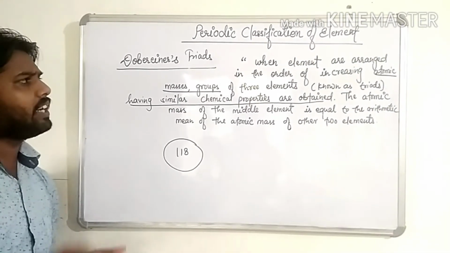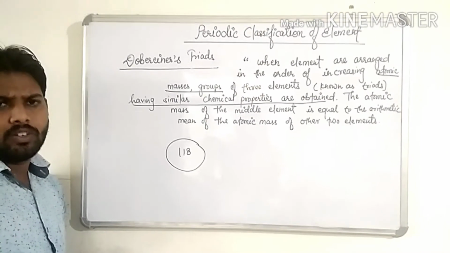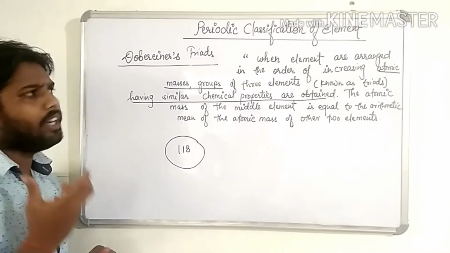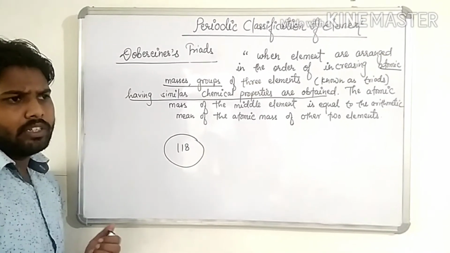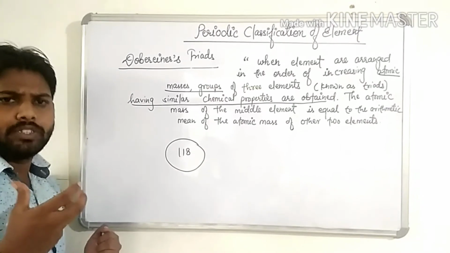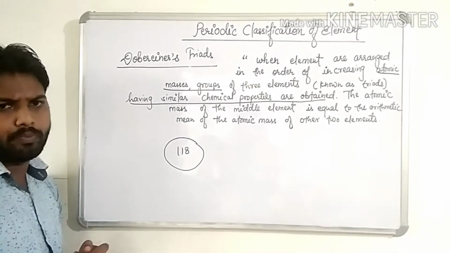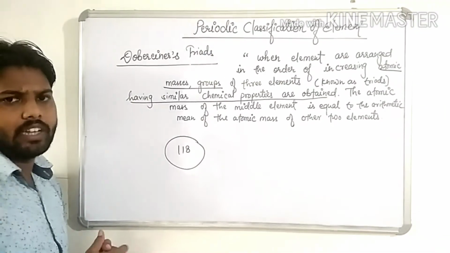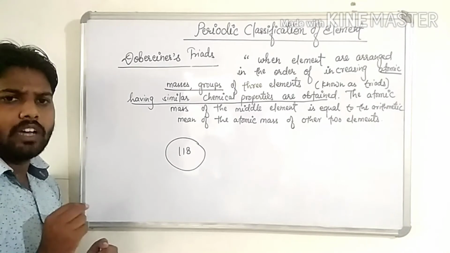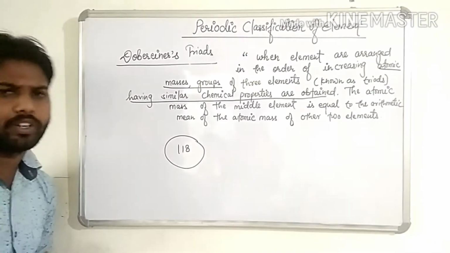So children, at that time Dobereiner observed this and made a triad. Means he collected some of the elements which have the same properties and put them in the same group. These groups were known as triads, and these triads were showing similar chemical properties.